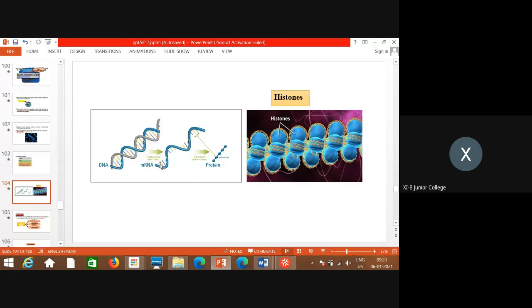RNA is single-stranded ribonucleic acid. This is one of the types of RNAs, that is mRNA, and this is the structure of protein. And in this structure you can see the histone molecules wrapped by DNA. So this is the structure of chromatin.